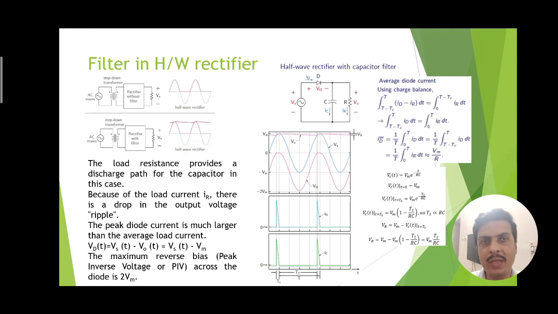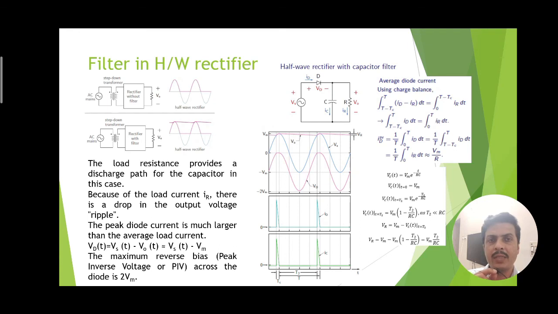If we use a capacitive filter at the output, then we can get a continuous, fixed DC magnitude, but there are small fluctuations due to the capacitive charging and discharging. The load resistance provides a discharge path for the capacitor in parallel, and because of the load current IR, there is a drop in the output voltage, which is called ripple.